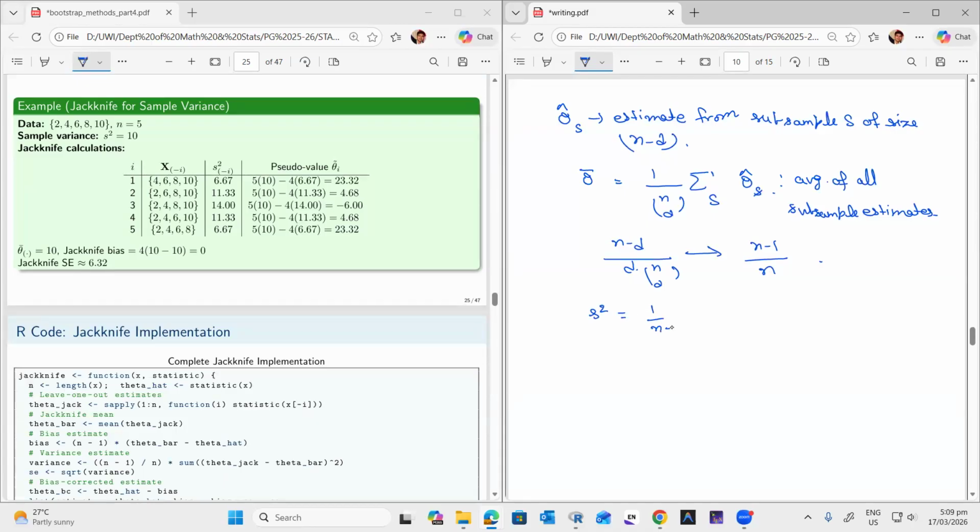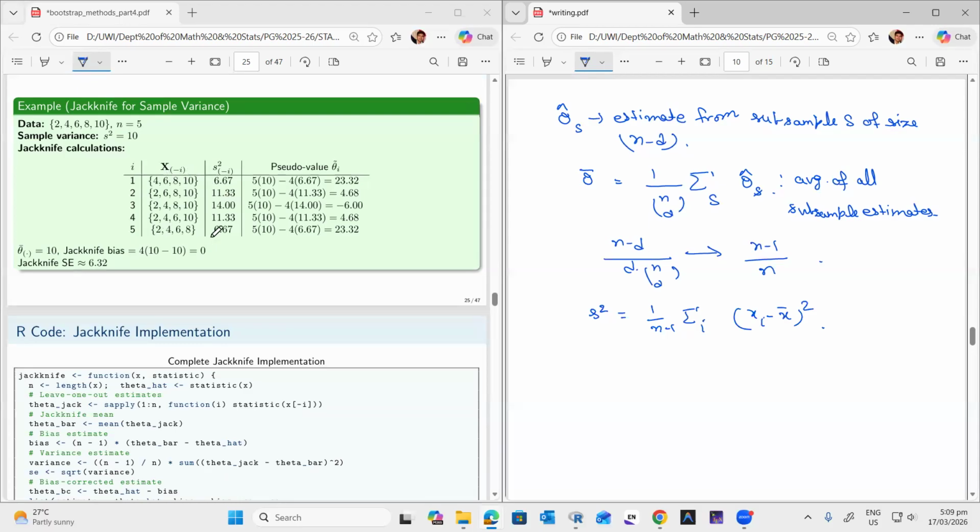And s square that we are taking here is 1 upon n minus 1, summation over i of xi minus x bar, whole square. We are going to take the replicates for each i every single time: 4, 6, 8, 10. This is for one sample removed, and we compute the variance for that leave-one-out.